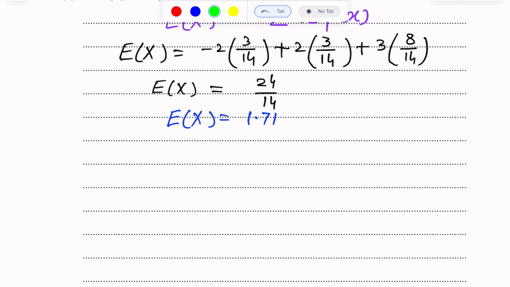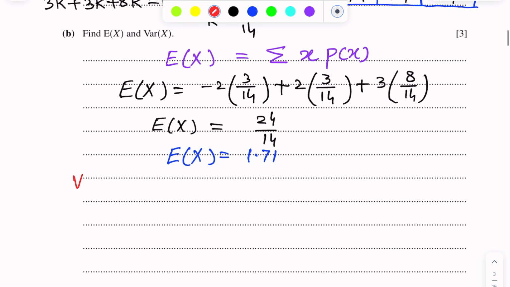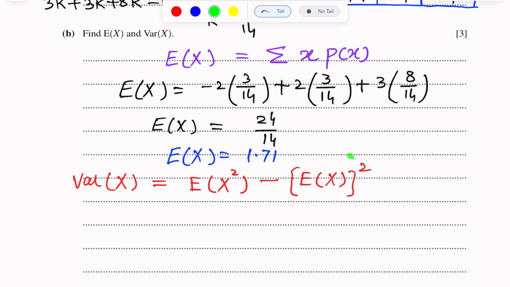The formula for variance is this: variance of x is equal to, this is the general formula to find the variance of x, Ex square minus Ex whole square. Ex we have found already. The value of Ex is 24 over 14.